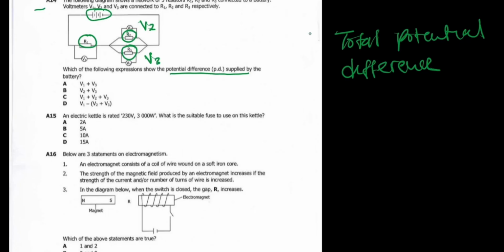So the next principle that you want to understand is that the potential difference of the resistors connected in parallel is equal. The potential difference for resistors connected in parallel is actually equal.